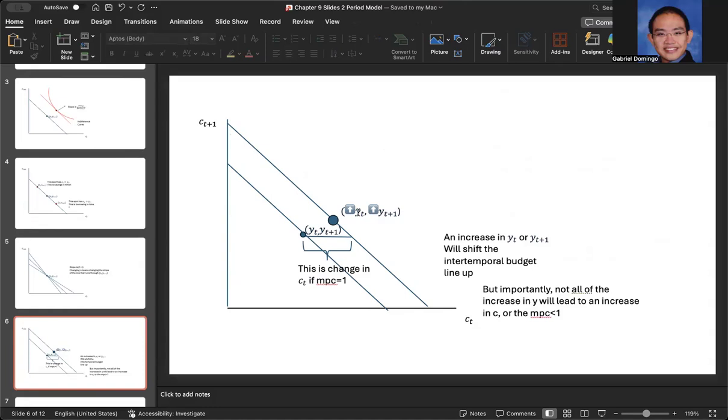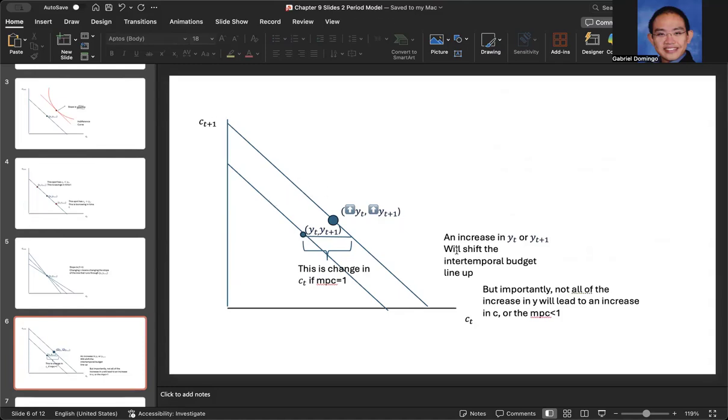Also note that it doesn't really matter if you increase only Y_t or only Y_{t+1}. So for instance, if you increase Y_t only and keep Y_{t+1} constant, then this gap here is the change in your Y_t, your present income. And you're still going to draw a new line hitting this dot. So it's the same idea as shifting the line out.